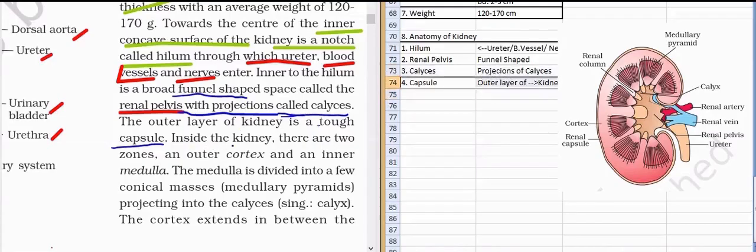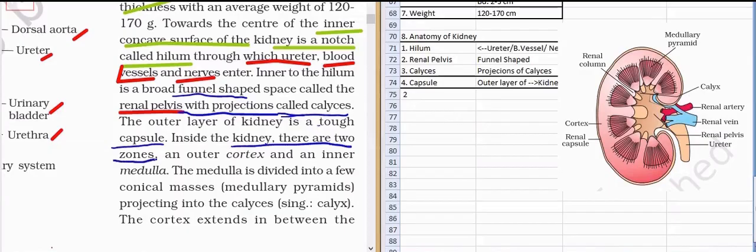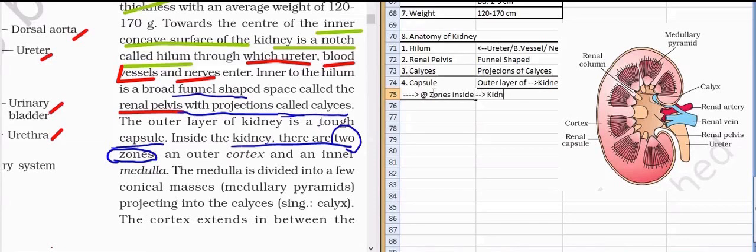Now he's saying again about the inside of the kidney. There are two zones inside the kidney. This is important. So now let's write two zones inside kidney.